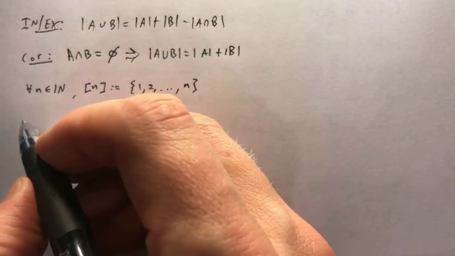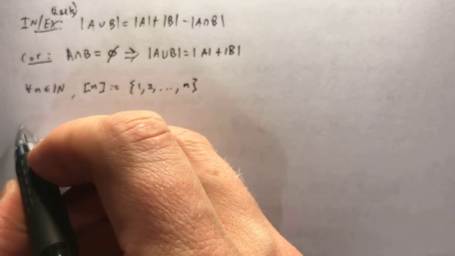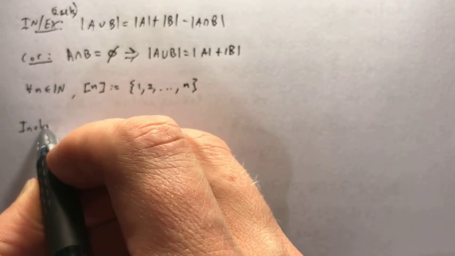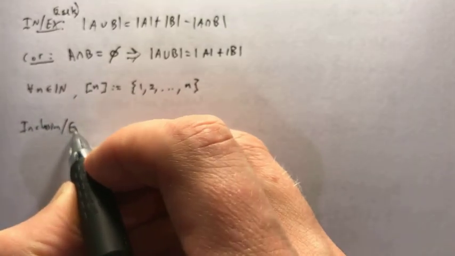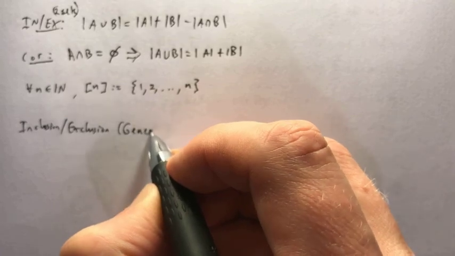So this is inclusion-exclusion for 2 sets. This is a special case. Now here's the general inclusion-exclusion, the general form.